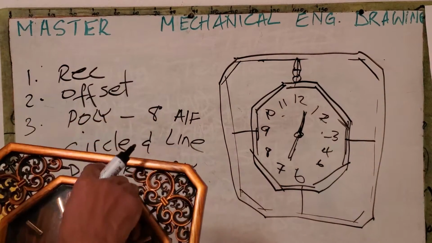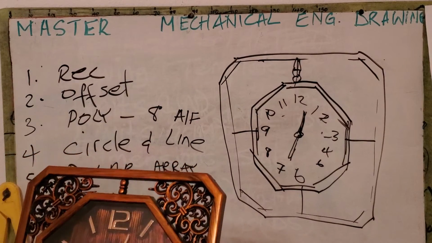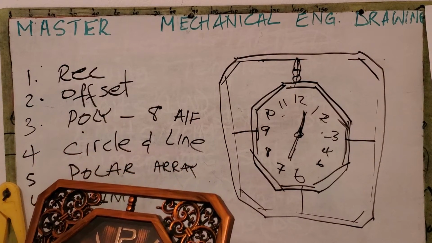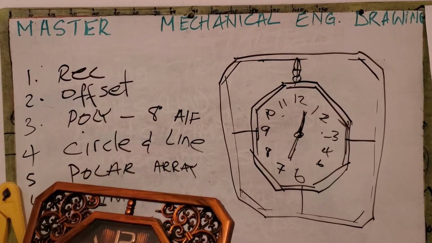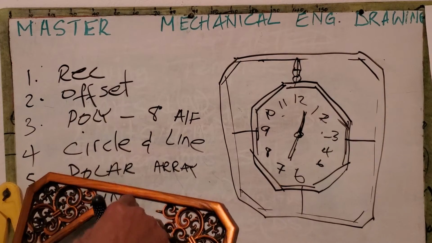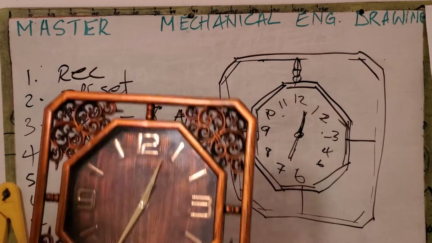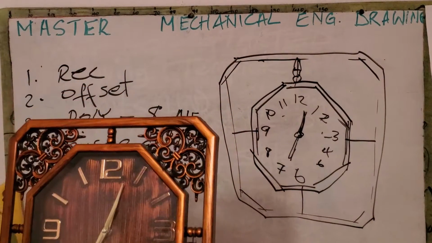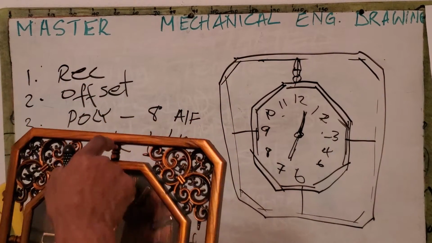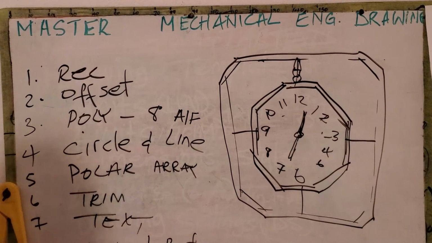And for this we would use rectangles with fillet. We use rectangles for this, or we could make it straight if we want for this part. Rectangle with fillet could get that.